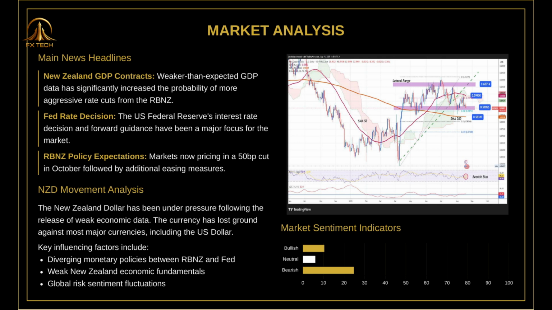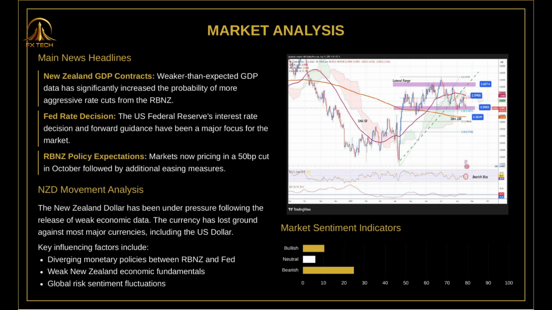The headline story dominating the New Zealand dollar's performance has been the weaker than expected GDP data. This economic contraction has significantly increased market expectations for more aggressive rate cuts from the Reserve Bank of New Zealand. Analysts are now pricing in a potential 50 basis point cut at the October meeting, which would put additional pressure on the Kiwi. Simultaneously, the US Federal Reserve's interest rate decision and forward guidance have been major focal points for market participants.